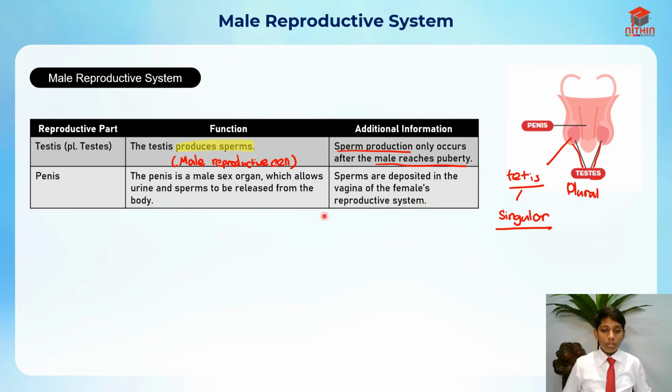You might not know what a vagina is, but I'll go through the female reproductive system next. So there are two functions for the penis: it allows urine to pass out of the body, and it allows sperms to come out of the body so that they can be deposited into the vagina of the female. This is important. Now let's move on to the next part.